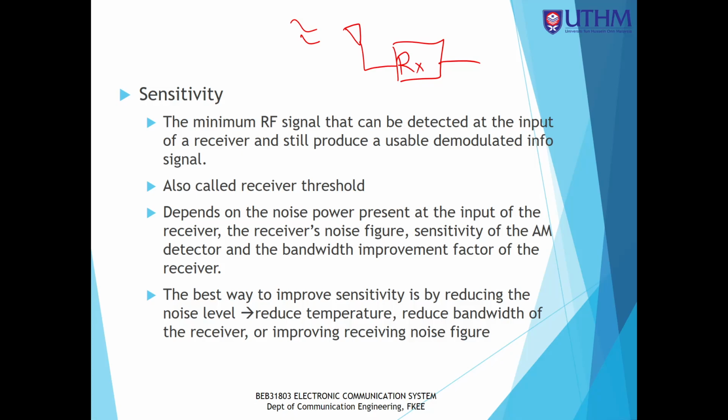So the ability of the receiver to detect that low amplitude signal and still produce a good output is referring to the sensitivity parameter. Ideally, we want the receiver to be able to detect a small amplitude input signal and produce the best output. That's the best case scenario that we want.